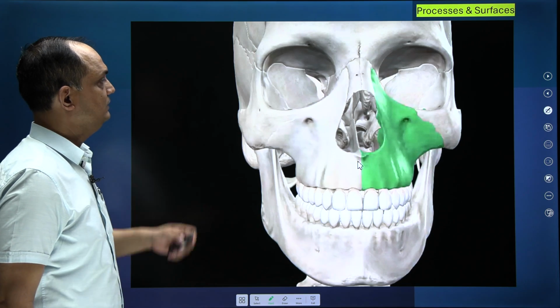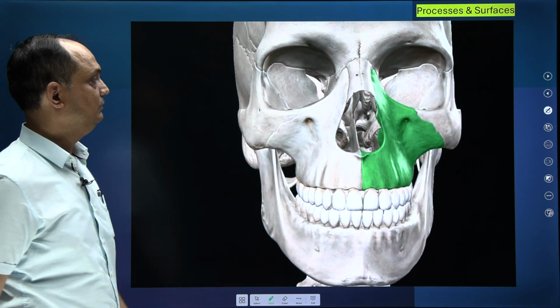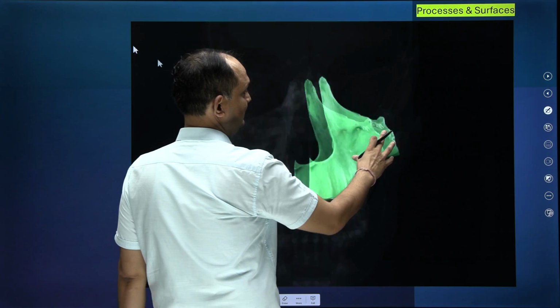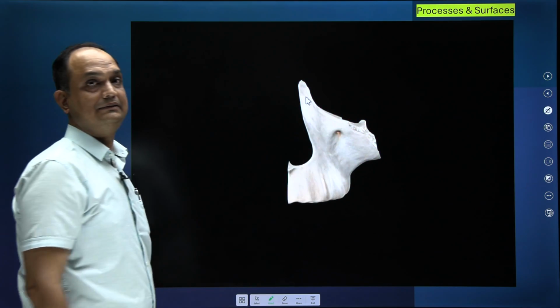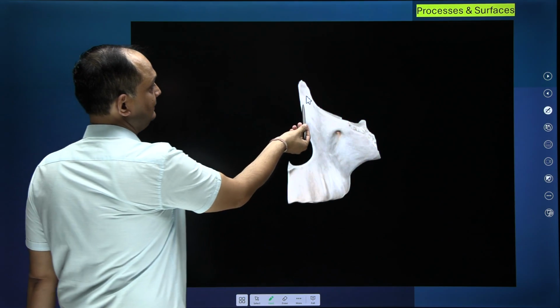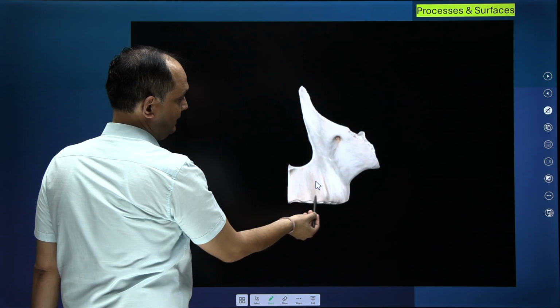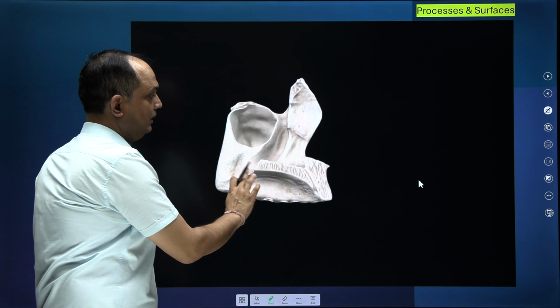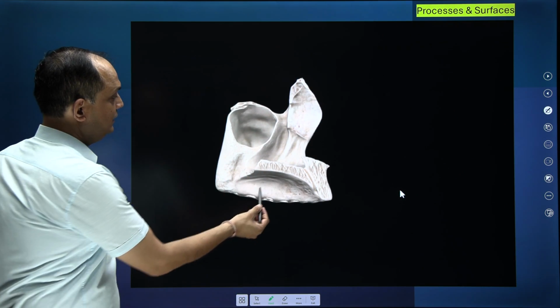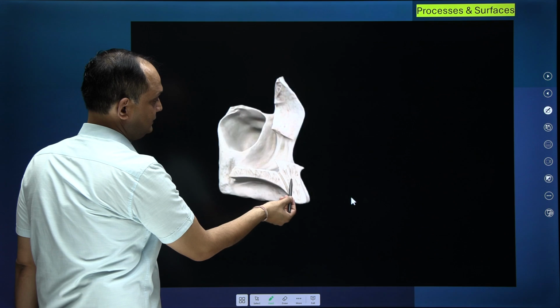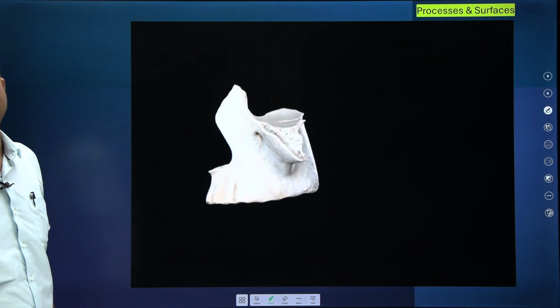So here, if you see this video clip, you can understand that this is the maxilla, and if you isolate the maxilla, you can see that this is the frontal process, this is your zygomatic process, this is your alveolar process. Now when you turn the maxilla to the medial side, you will find a projection which forms the hard palate, the palatine process.